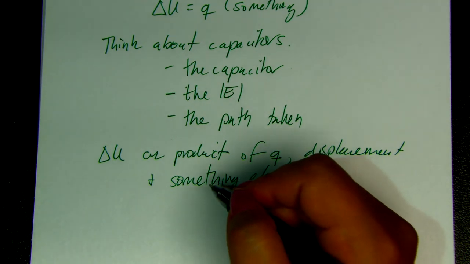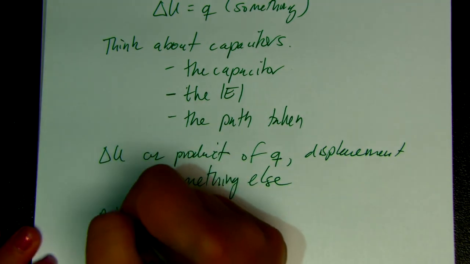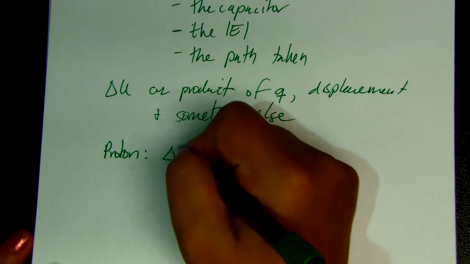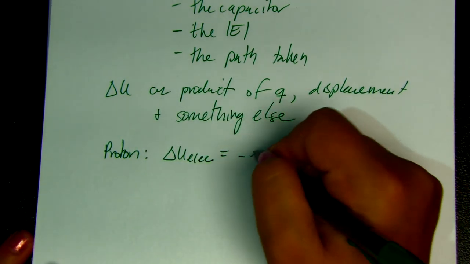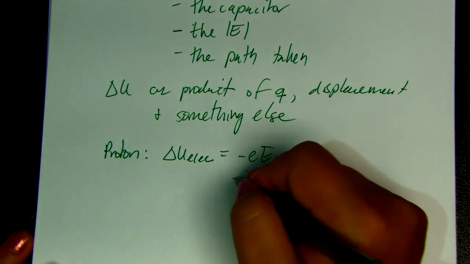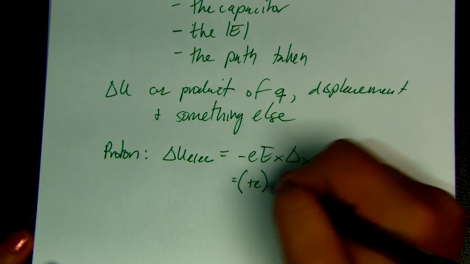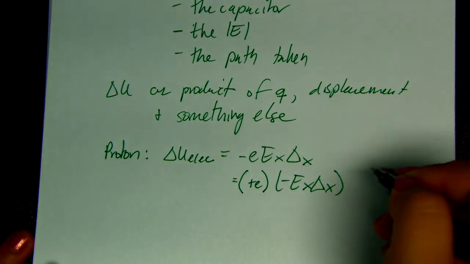All right, so let's kind of look at protons and electrons. They've got opposite charges, but a lot of things are similar, so they're good starting points. So delta U electric is equal to minus E times X, delta X. So we've got plus E here, and then minus E sub X delta X over there.